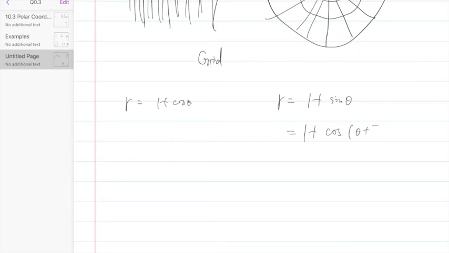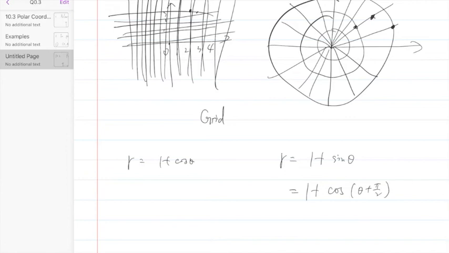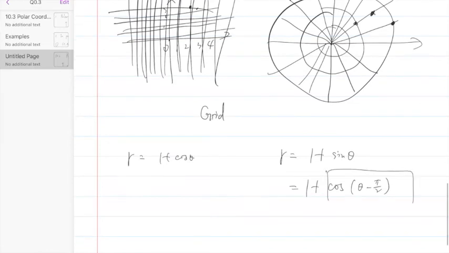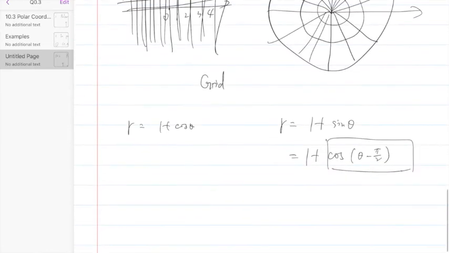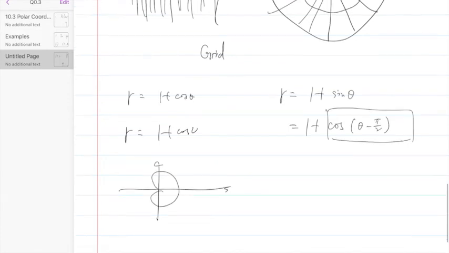We do know there is a way to write sine theta as cosine, let's just take an easy case: cosine of theta plus pi over 2. Minus. Take it back. This is the identity which you can easily verify. But basically what you are saying is, this one has a graph that looks like this.